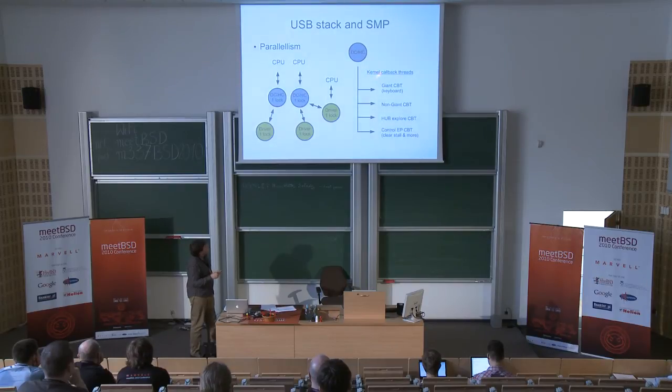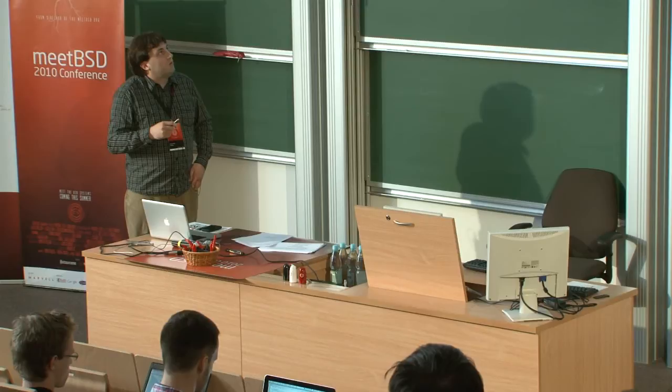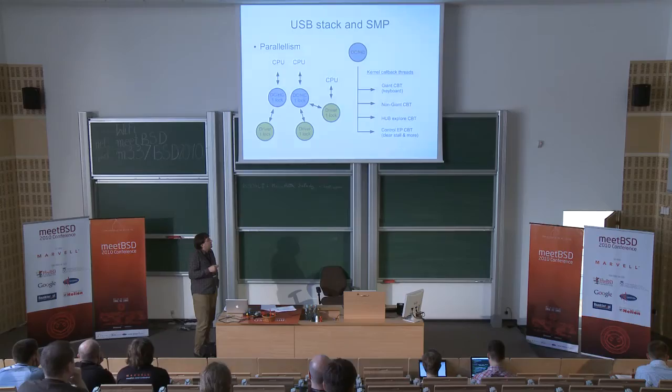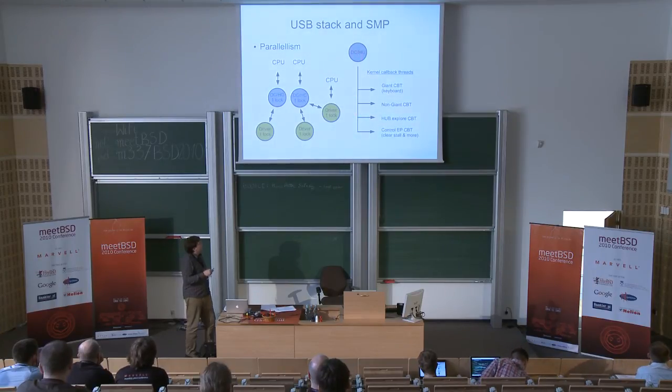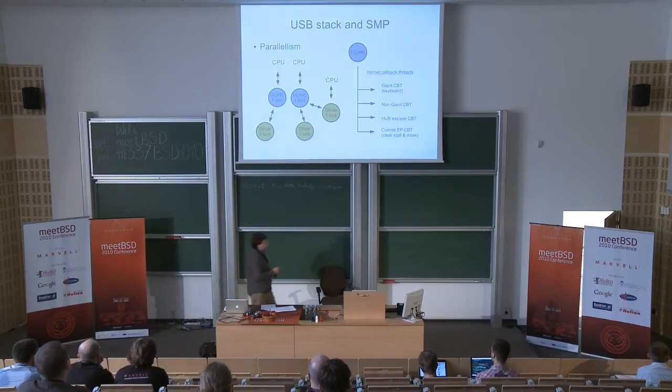To avoid problems with mutex collisions on a thread, so that we don't mix callbacks that lock giant with callbacks that lock non-giant mutexes, I've created several threads so that the device controller, host controller will spread callbacks on several threads.